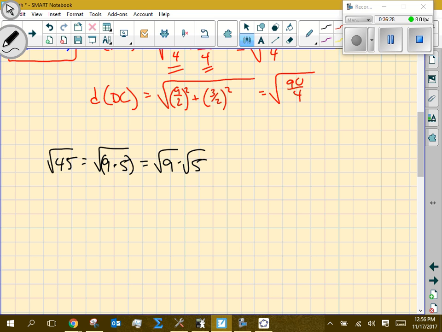Well, when I have a quotient underneath, I can break that up into radical 90 divided by radical 4. Okay, so when you have a fraction underneath the radical, I said quotient, but the word I wanted was ratio. When you have a ratio underneath the radical, you can break that up into 2 radicals.